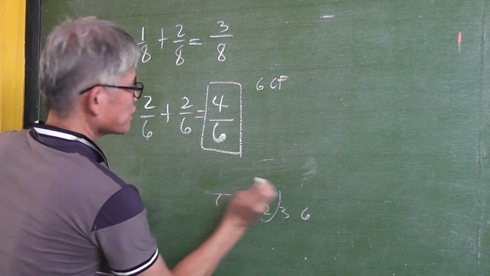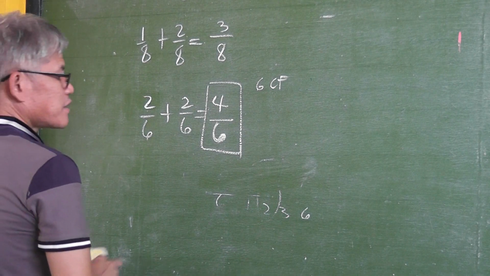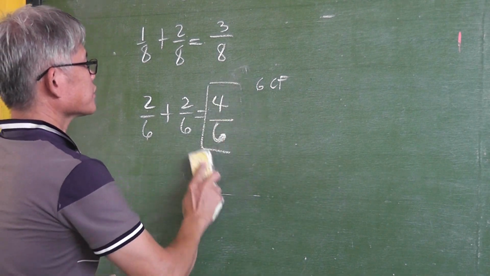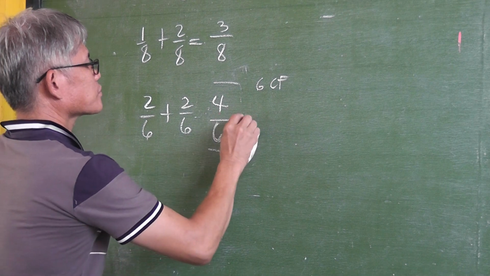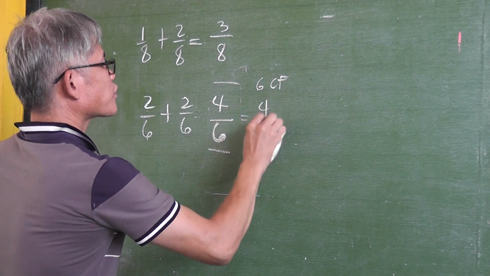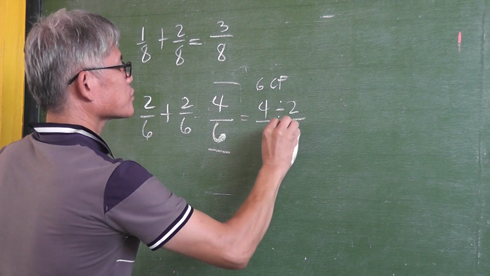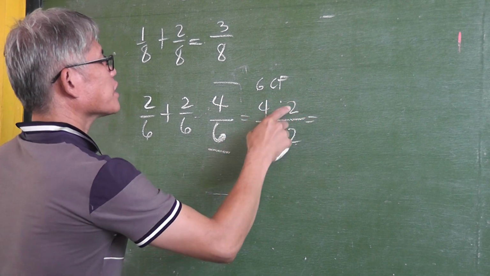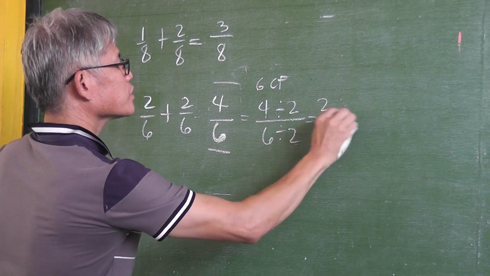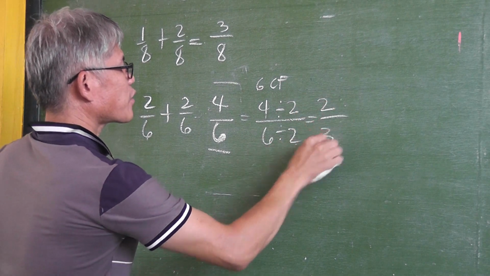So we are going to divide by the GCF. So try, 4/6 divided by the GCF. 4 divided by 2 is 2, and 6 divided by 2 is 3.